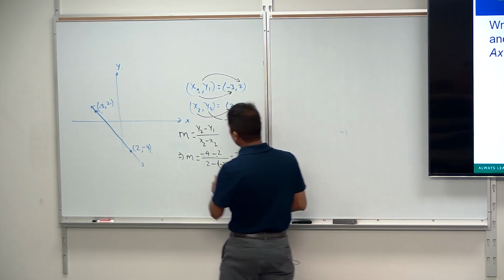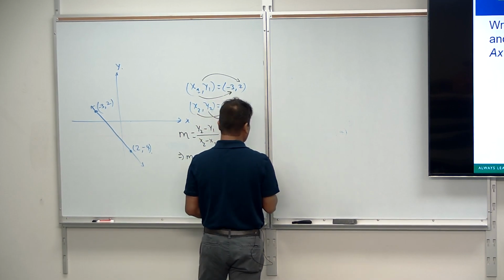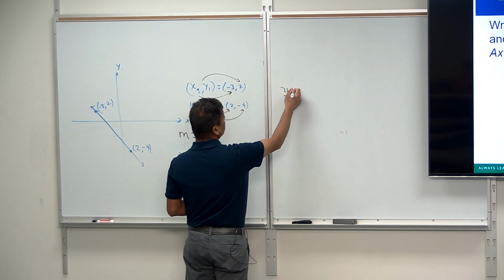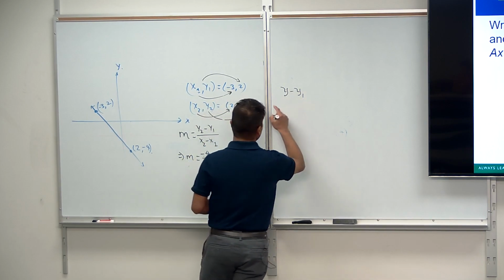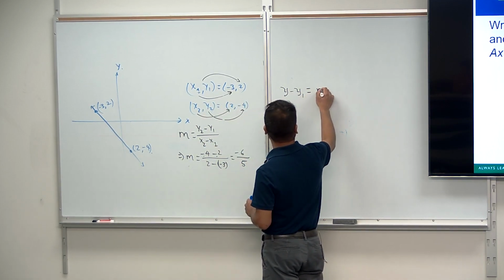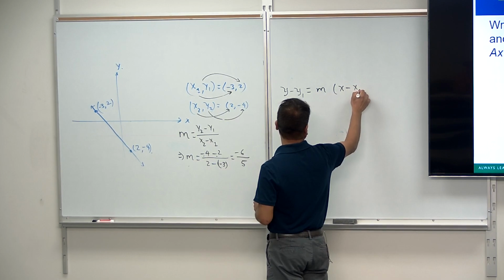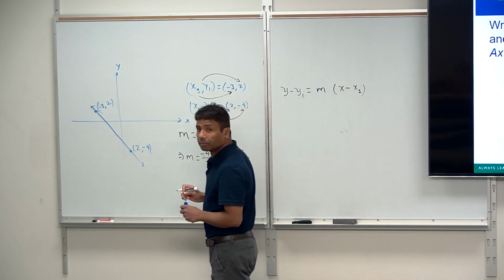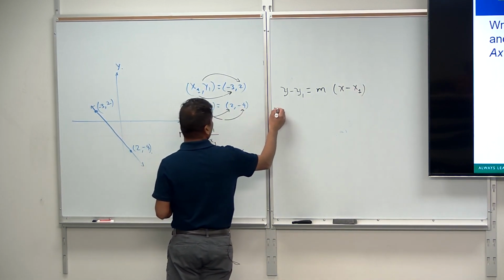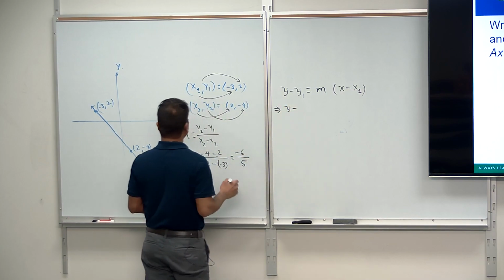So now you have a slope of negative 6 over 5. You know that the equation of the line in point-slope form is y minus y1 equal to m times x minus x1. So it will be y minus y1.